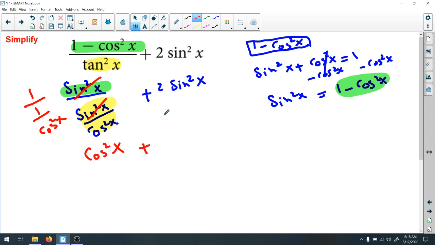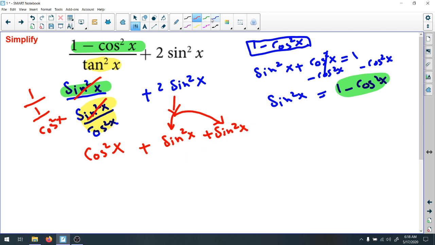Plus, before you copy that, do you think about something? Before you copy 2 sine square, can you do something with 2 sine square? Yeah, we could split it to be sine square plus sine square. Strategy. 2 of sine square equals 1 sine square plus sine square.